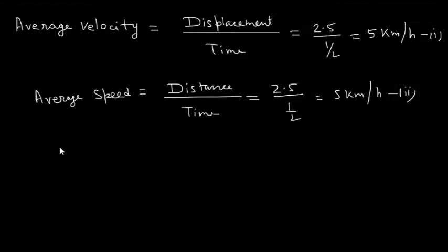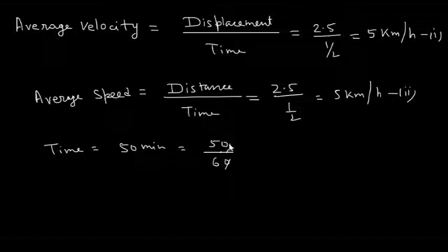Time is equal to 50 minutes, which is equal to 50 upon 60 hour, that is 5 upon 6 hours. Net displacement will be 0.